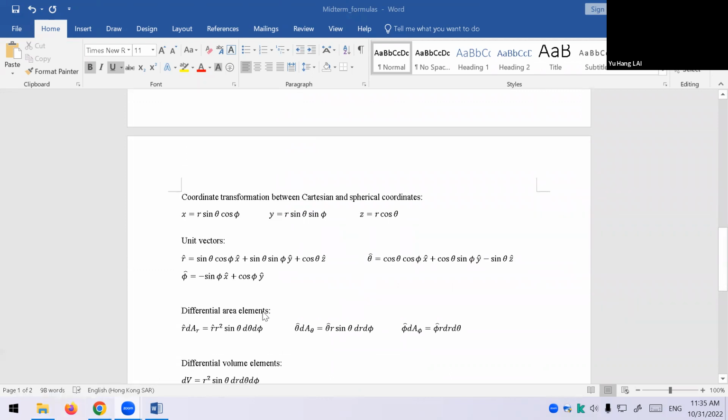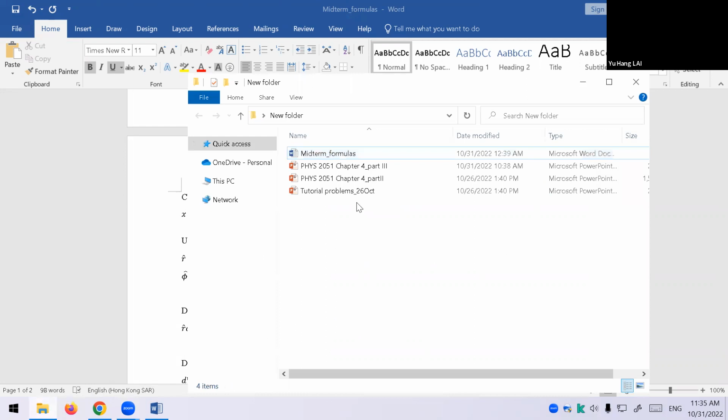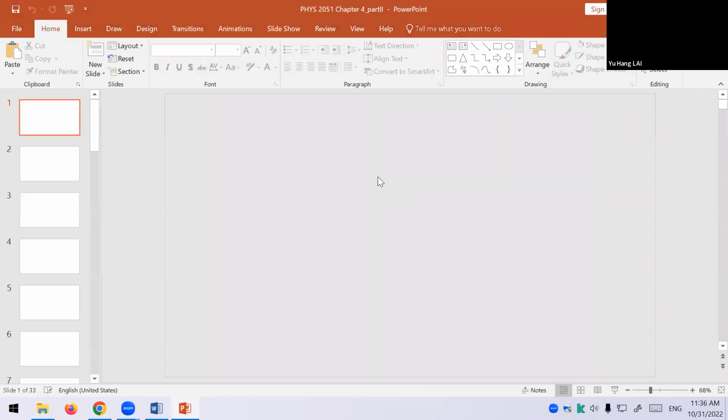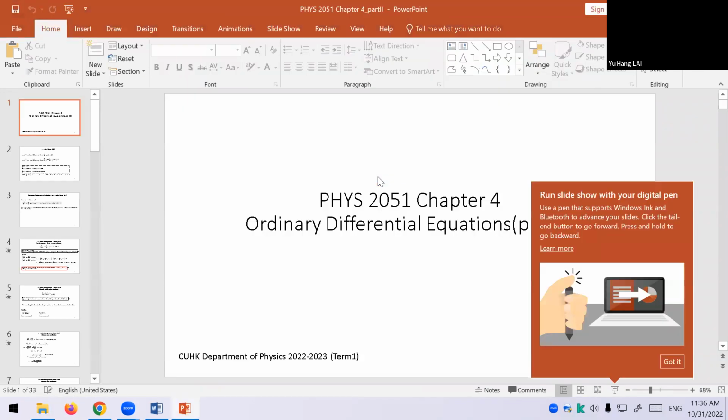Any questions about the formulas that will be provided in the midterm? If not, we'll continue on the chapter of ODE. Hopefully we'll finish or almost finish this chapter today, and then after the midterm, we can open a new chapter.